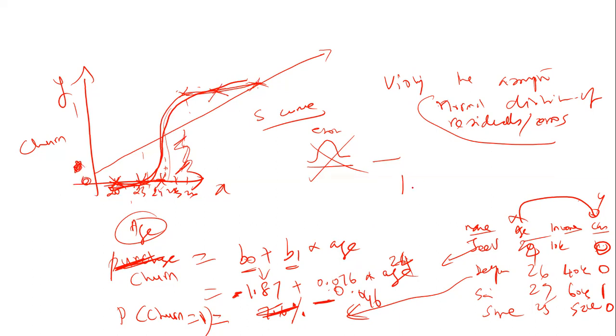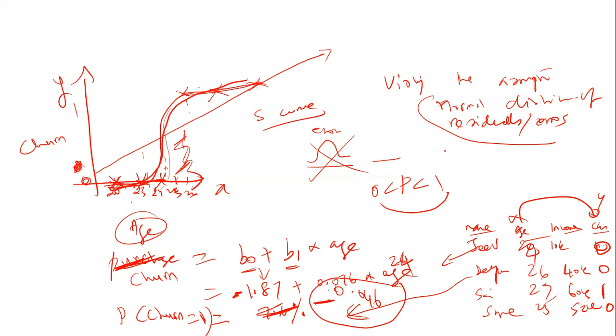Probability values range between which values? Yes, you are correct, 0 and 1. Probabilities range between 0 and 1. But here in this case, it is negative 0.046. A probability value cannot be negative.